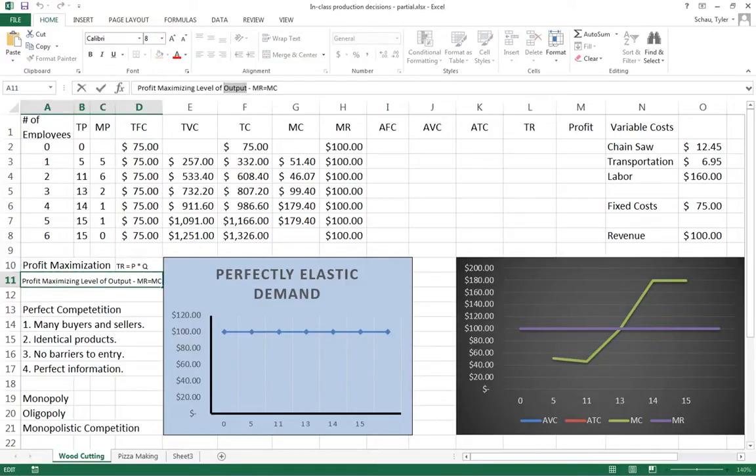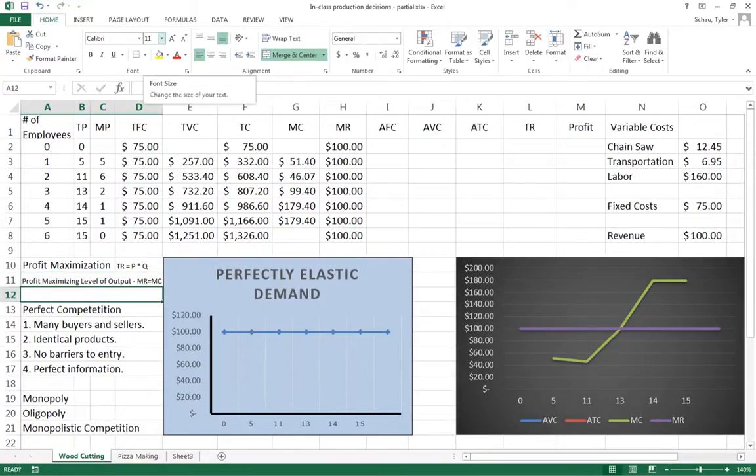That's the one thing we can control: how much of this stuff should we make based on the cost we face, and based on what we can sell this product for in the market. How much of this stuff should we be producing? If for whatever reason we can't find a place where marginal revenue is exactly equal to marginal cost, go to the last place where marginal revenue is greater than marginal cost.